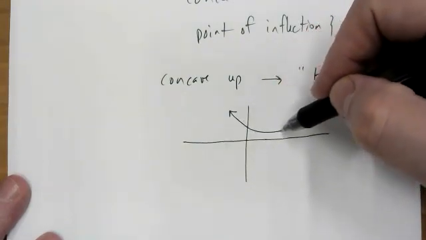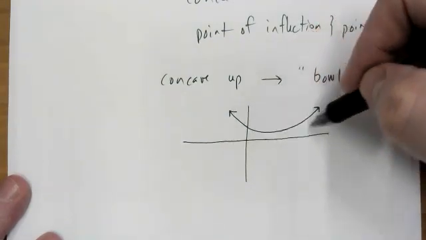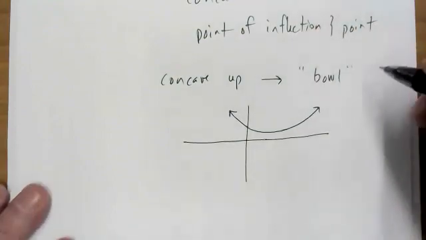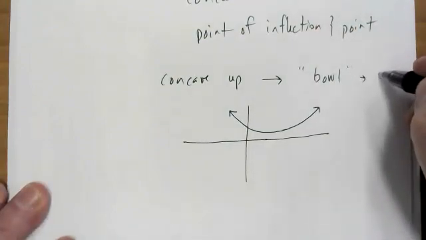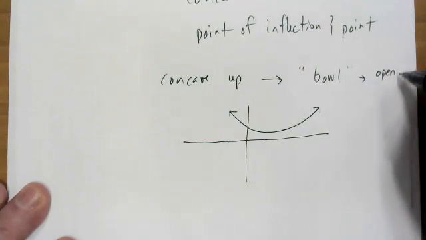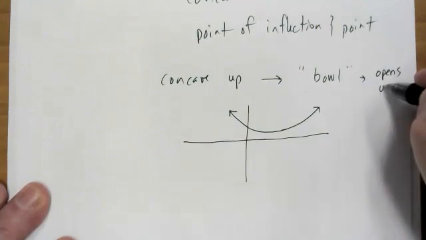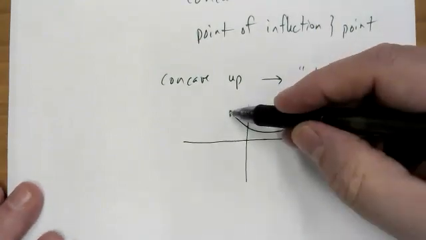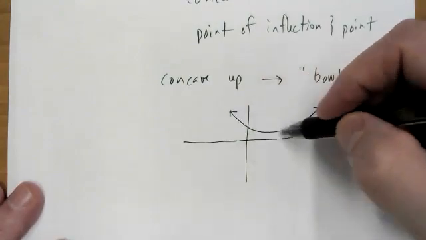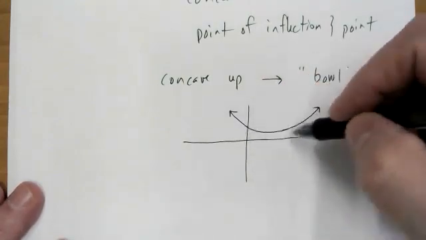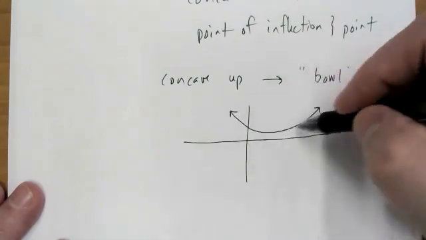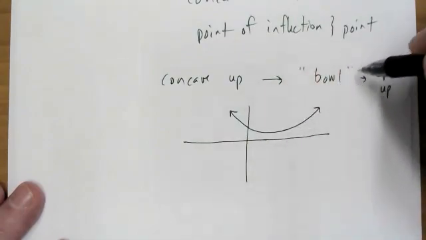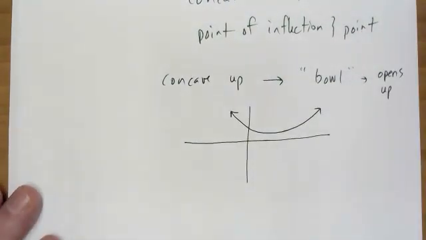This whole graph looks like a bowl. Sometimes people like to say the graph opens up, right? Opens up. So the curvature of the graph, it opens up.